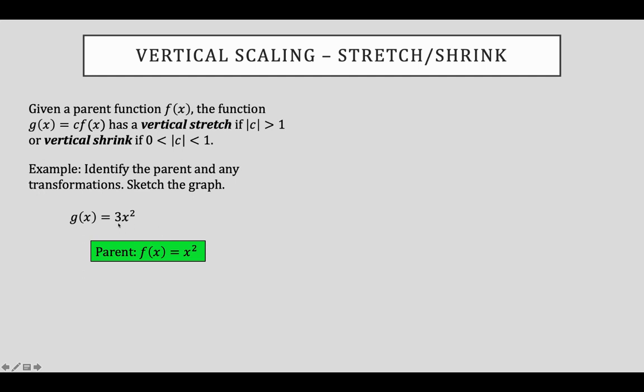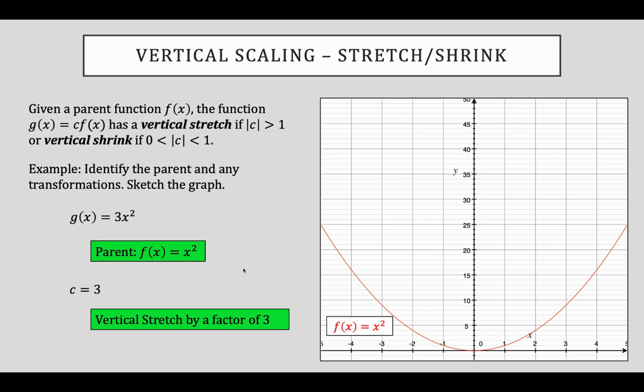Well, we have a 3 constant multiple in front of the parent function. That's 3 times f of x. So that means that our constant multiple c is equal to 3. Because the absolute value of c is greater than 1, that means that we have a vertical stretch by a factor of 3.